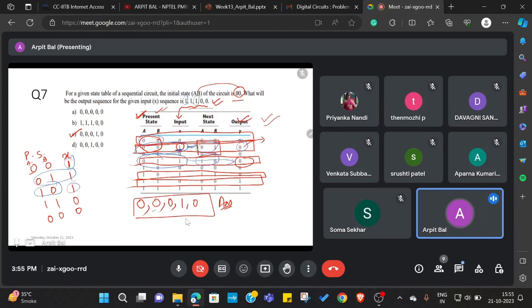So 1 0 1 is the next state and the output is again 0. Okay. And in this case the next state is 1 1 and the input is 0. So 1 1 0 is the next state and the output is 1 in this case, and so on you repeat for the last one as well.